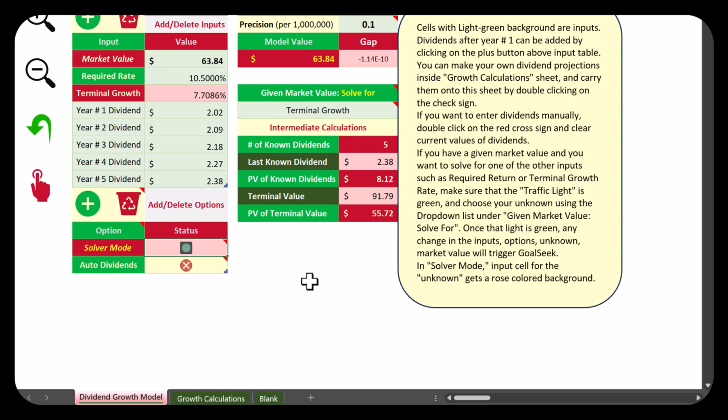In later applications, we're going to adapt this template into both the residual income model and discounted cash flow valuation, because in their structure, both of those models rely on some sort of projections over a few years, then assuming some sort of terminal growth.